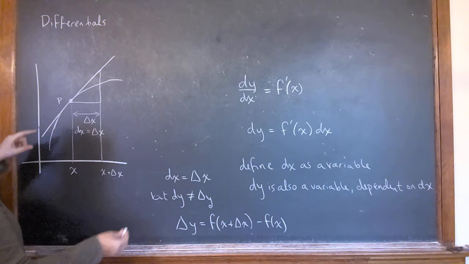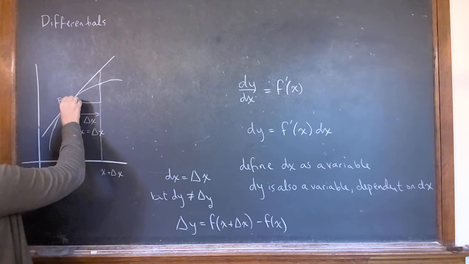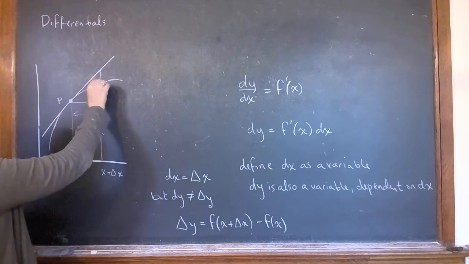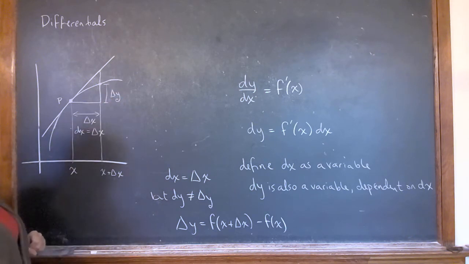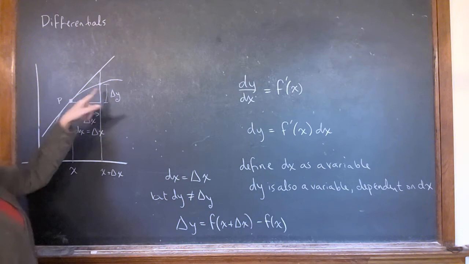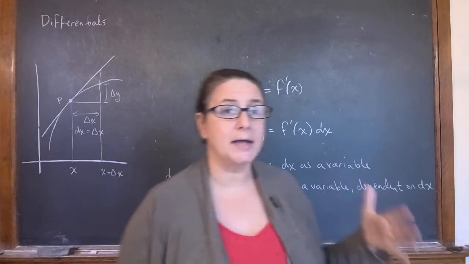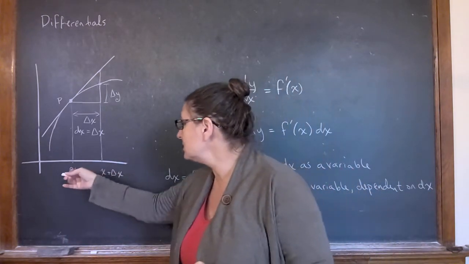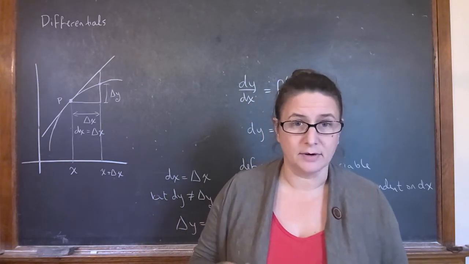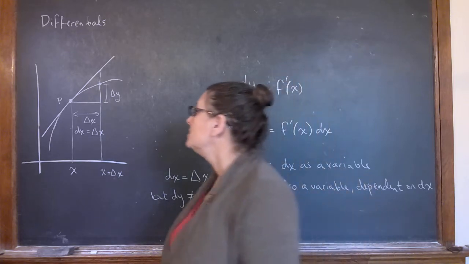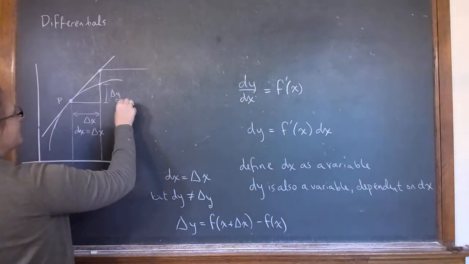Graphically, that is here. This is the point x plus delta x, and this was the point x. This bit here is my delta y. Now, the slope of that secant line involves delta y, and as delta x goes to 0, we expect the secant line to go to the tangent line, so delta y should go to dy. What's dy on the picture? Dy on the picture is this whole bit.